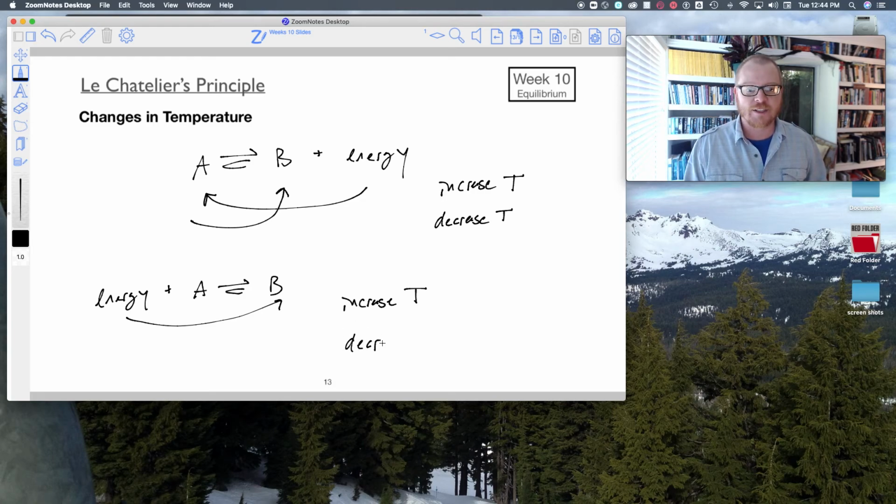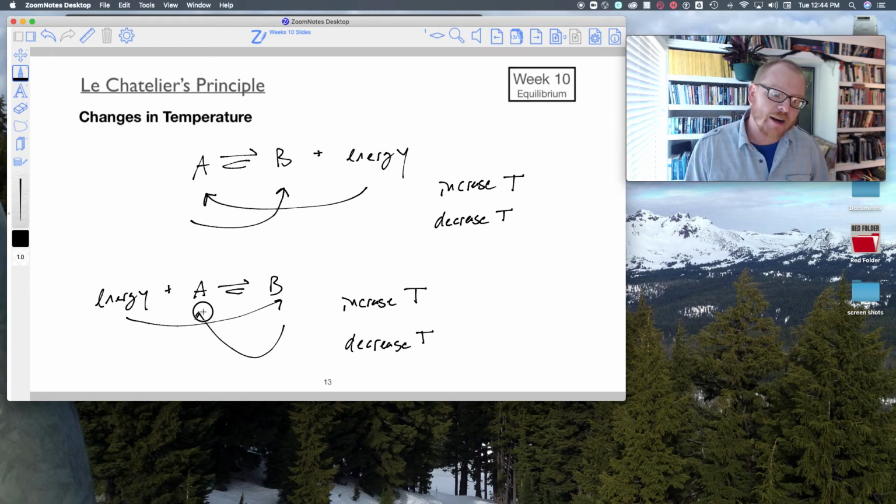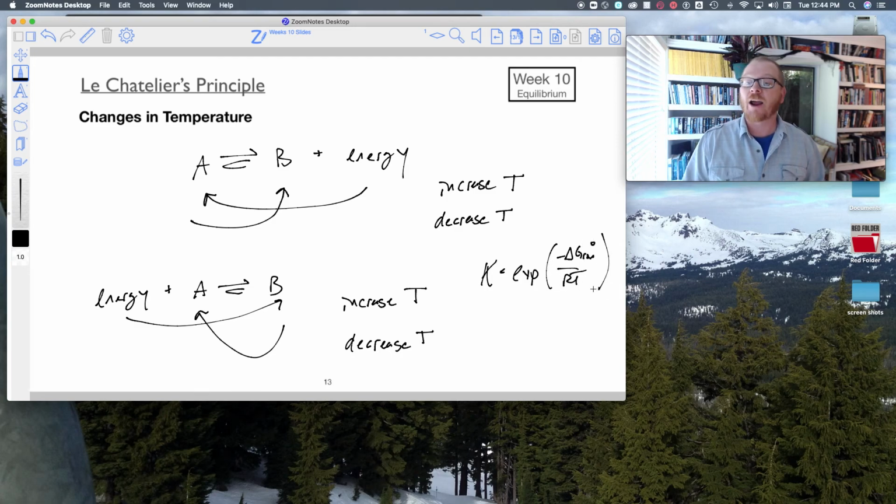And of course, similarly, if I decrease T on an endothermic reaction, then I'm going to be pushing my equilibrium to the reactants, okay? And so all of this is established, so we can then recognize that the only thing that actually changes the equilibrium constant is temperature through this equation. K equals the exponential of negative delta G of reaction divided by RT.